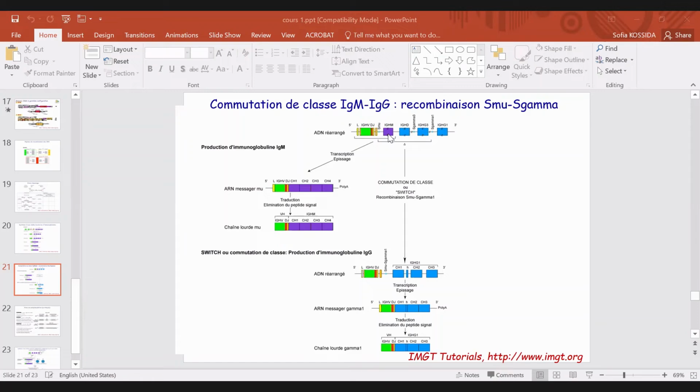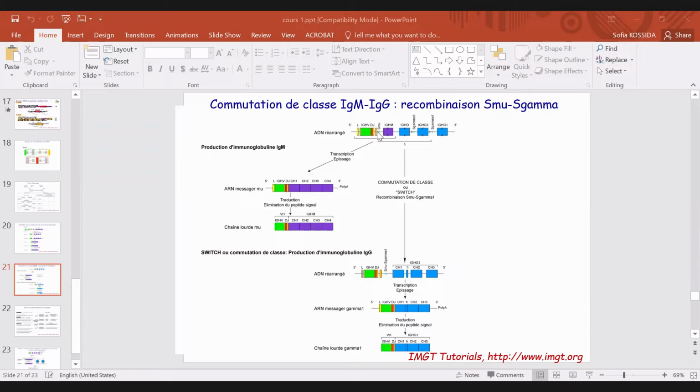Right. So basically, you remember that we just saw the different signals, S mu, S gamma 1, S gamma 3. And then there is the so-called switch, or alternatively, recombination S mu, S gamma. In that case, S gamma 1.